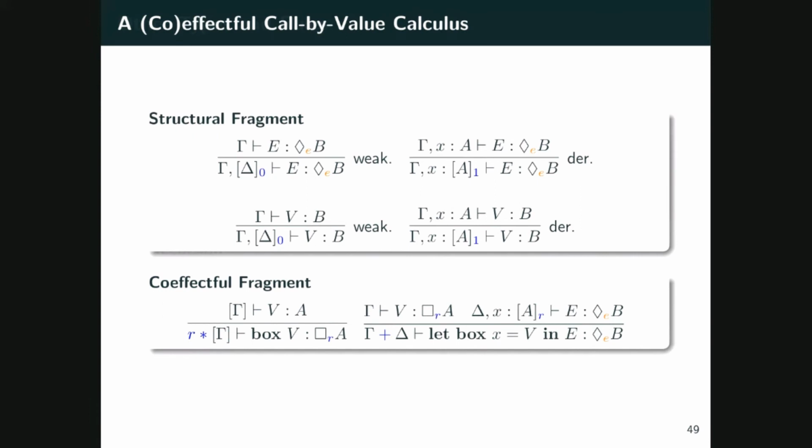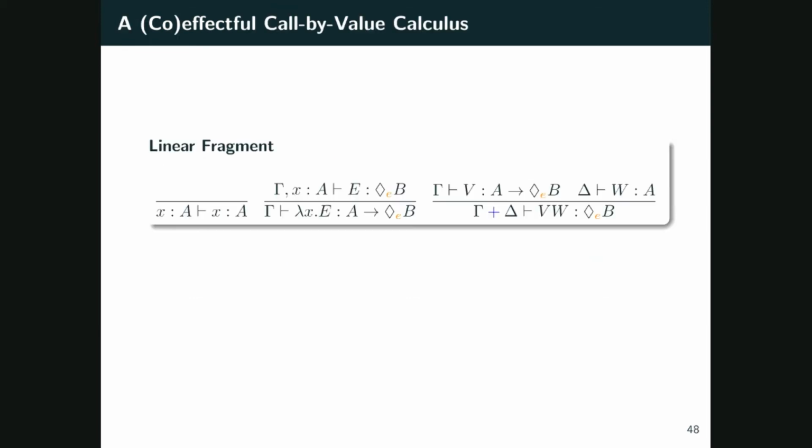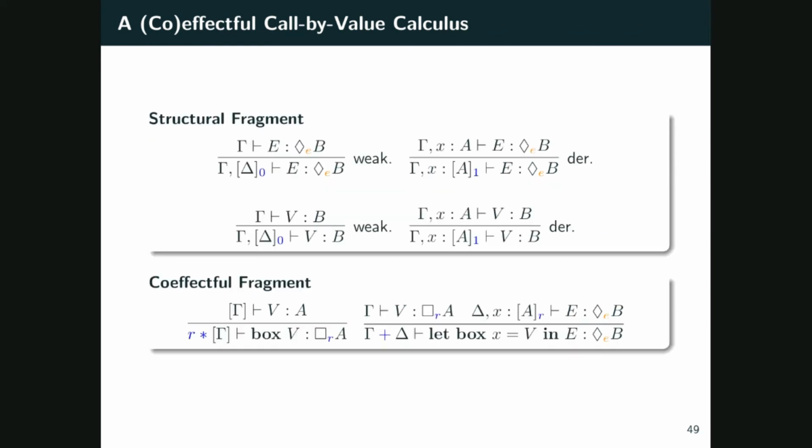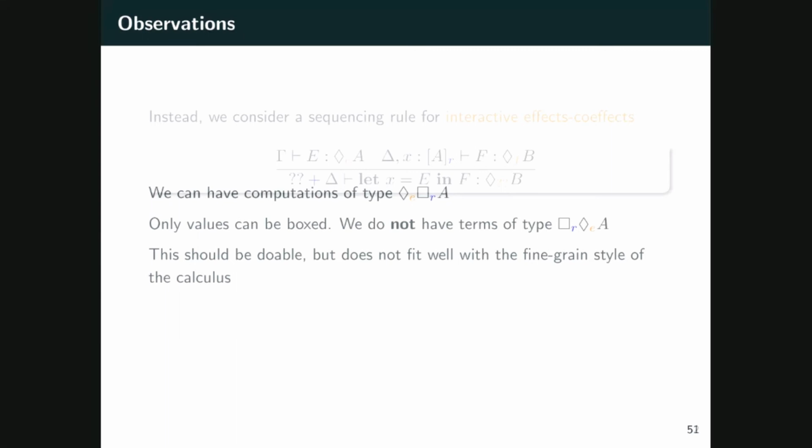The environment can only have either linear variables or graded variables which are related to the box modality, not to the diamond modality. And the reason we have that is that this actually, I think that should be doable, provided that we modify a bit the calculus.